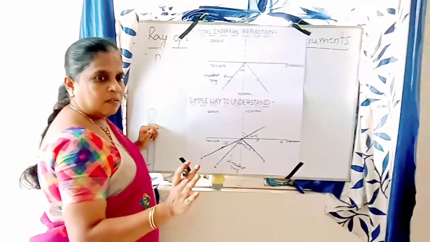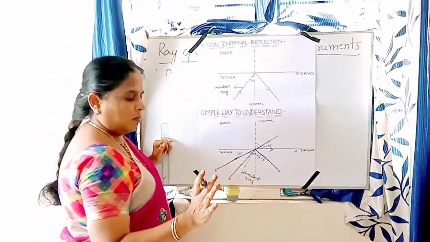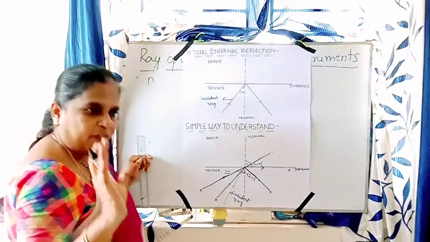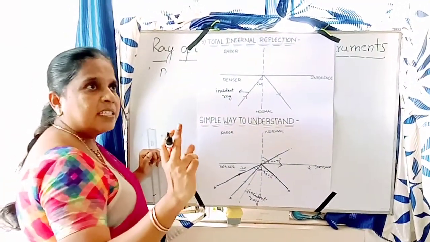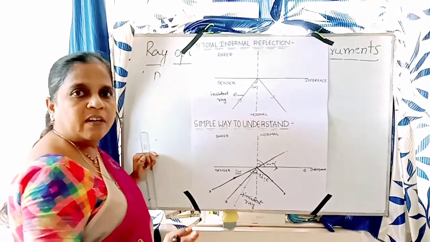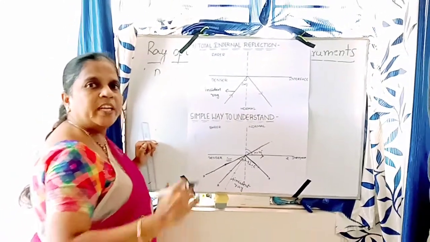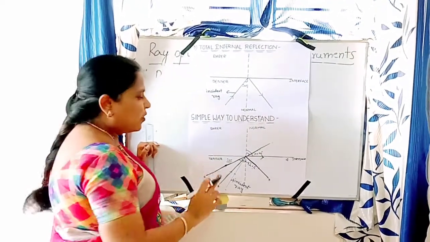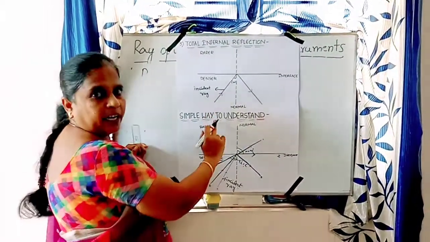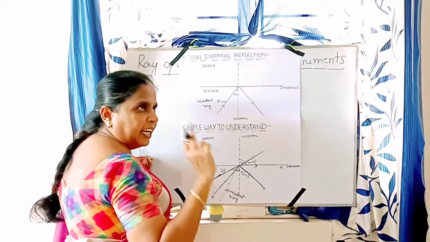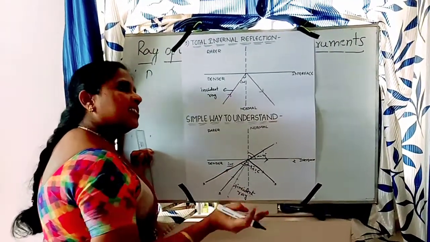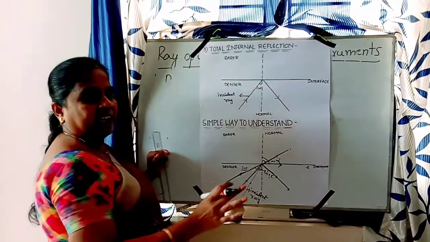Understand? Are you clear? Now the conditions for total internal reflection. The first one is that the light must travel from the denser medium to the rarer medium. That is the first condition. And the second condition is that the angle of incidence is greater than the critical angle.